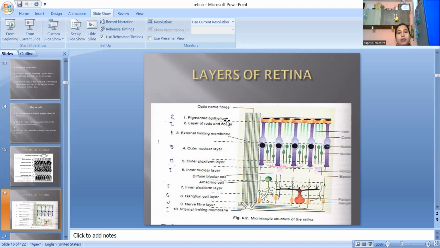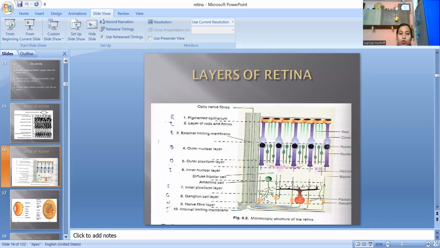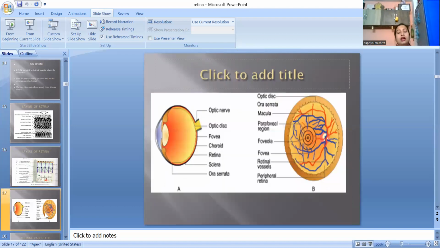R for retinal pigment epithelium, layer of rods and cones, E for external limiting membrane, O for outer nuclear layer, O for outer plexiform layer, I for inner nuclear layer, inner plexiform layer, then ganglion cell layer, nerve fiber layer, and internal limiting membrane. I think this will help you memorize it, and it is very important to memorize the different layers of retina and to know the difference between neurosensory retina and normal retina. The only difference is the retinal pigment epithelium.